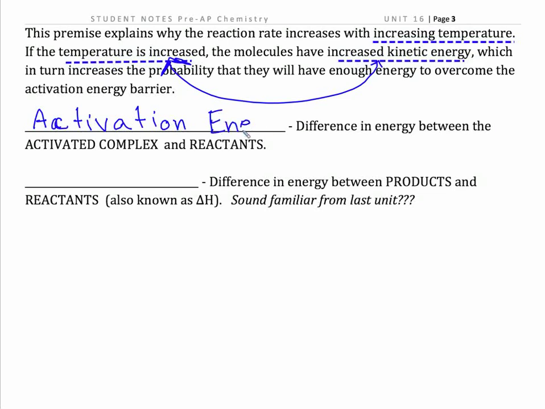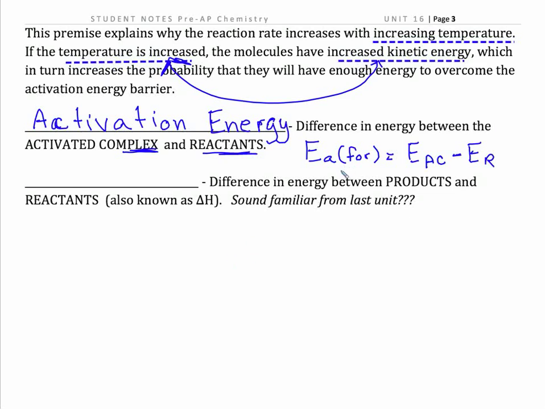Okay? Now, the difference in energy between the activated complex and the reactants is called the activation energy. So there's two key differences that we have. The difference between the activated complex at the peak of the hill and reactants, that's our activation energy. If it's the reverse, so let me write it this way. Our activation energy, and this would be for the forward reaction, is equal to our energy of our activated complex minus the energy of our reactants.